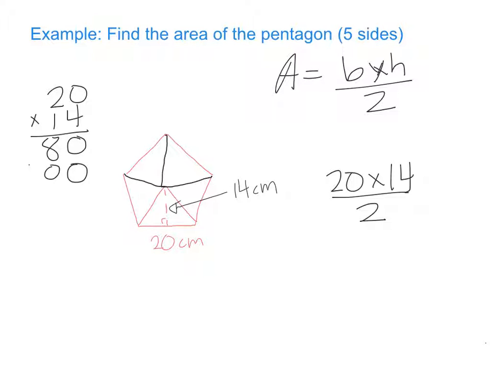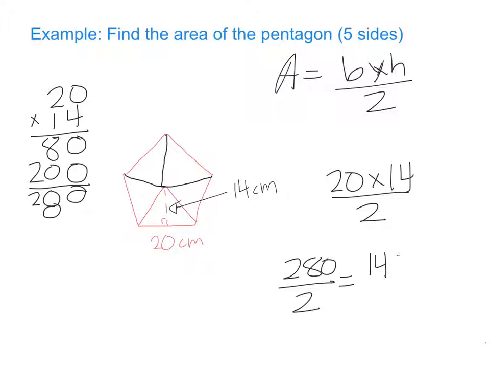Okay, so I got 280. But I'm not done because I still have to divide it by 2. I know that 28 divided by 2 is 14, and then I just put a 0 on the end. So it's 140 centimeters.